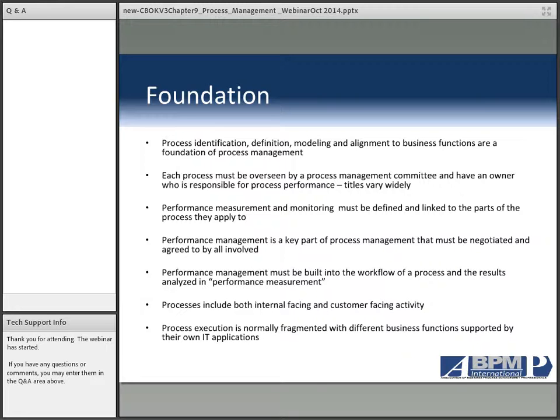Fragmentation, we can start to build different support mechanisms and put those in place, and we can then start to look collaboratively at how we are going to work together to improve the overall performance of the project itself.